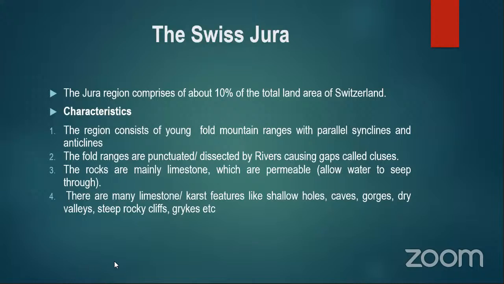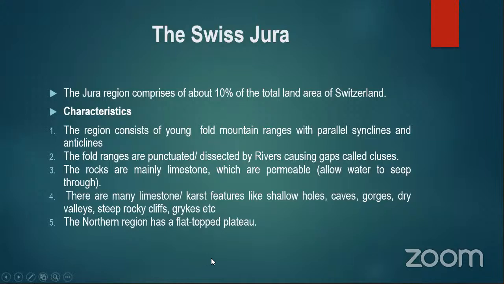Characteristic number 5 is that the northern region has a flat-topped plateau. Remember, we are comparing it with East Africa. So the northern part of Jura has a flat-topped plateau.